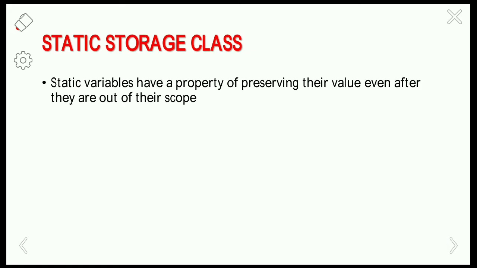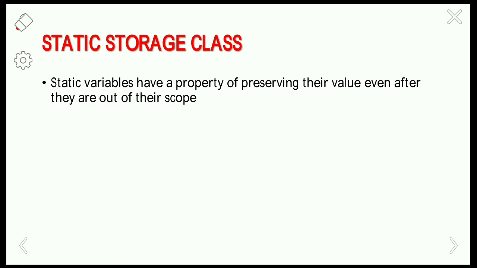Now let us see some of the other properties of the static storage class. Static variables have a property of preserving their value even after they are out of their scope. Normally in the automatic storage class, when the control comes out of the scope, the variable value will automatically be lost.